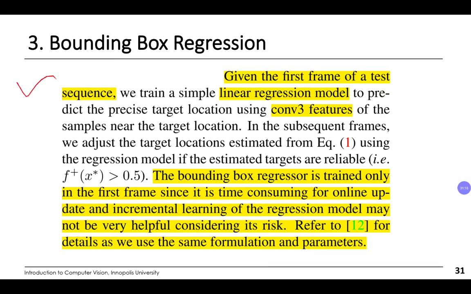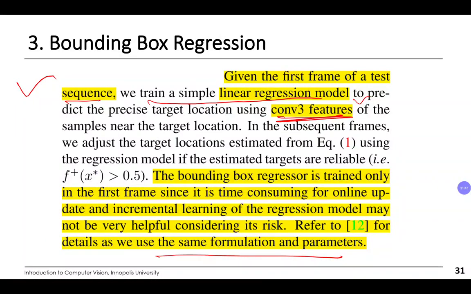They didn't provide a lot of detail to formulate this, but the idea is, given the first frame of the test sequence, we train a simple linear regression model to predict the precise target location using conv3 features. So in their network, after the conv3 features, they put a simple linear regression layer, and then they get this bounding box.